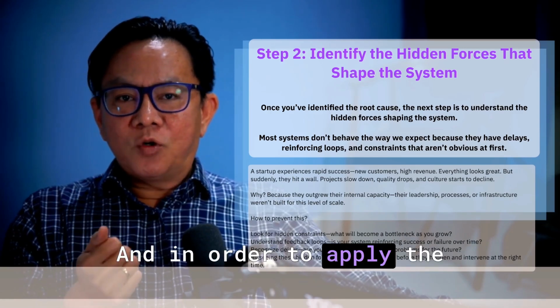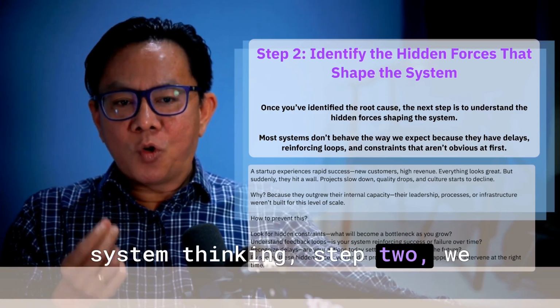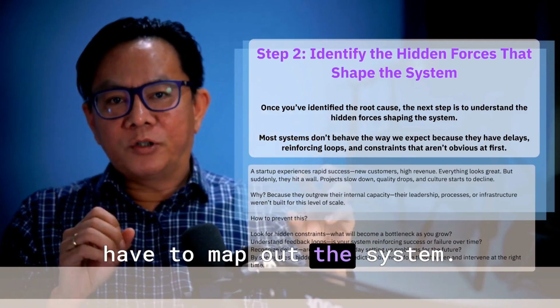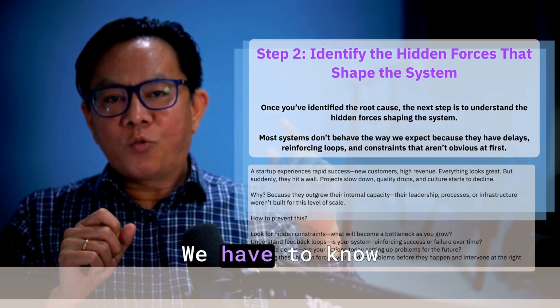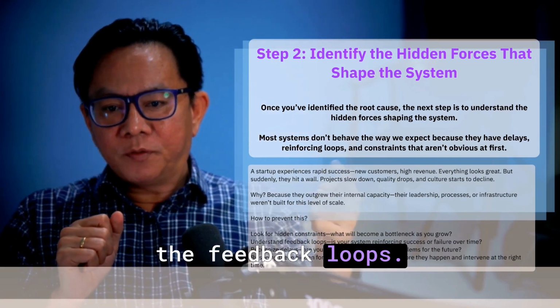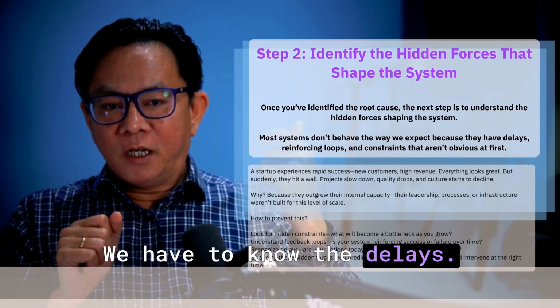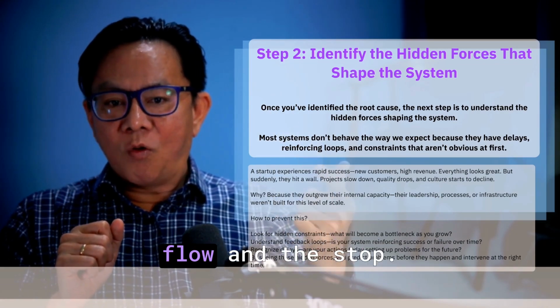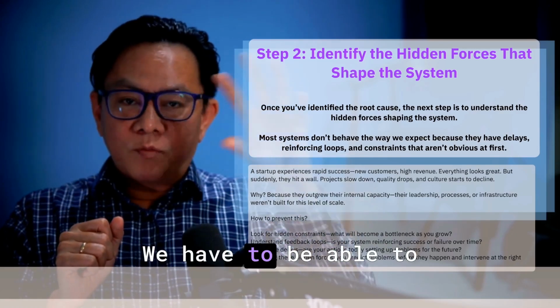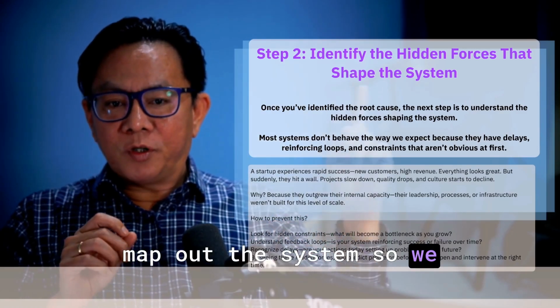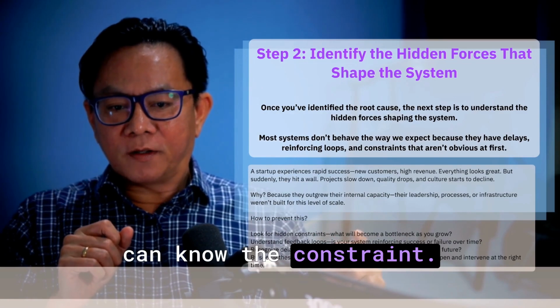And in order to apply system thinking, step 2, we have to map out the system. We have to know the feedback loops. We have to know the delays. We have to know the stocks and the flows. We have to be able to map out the system so we can know the constraints.